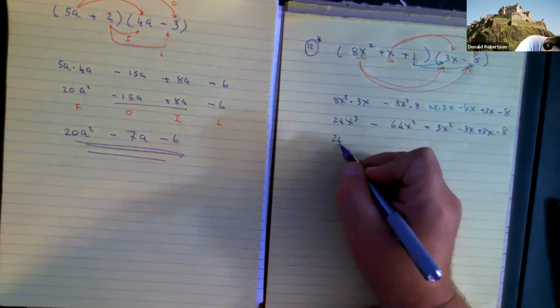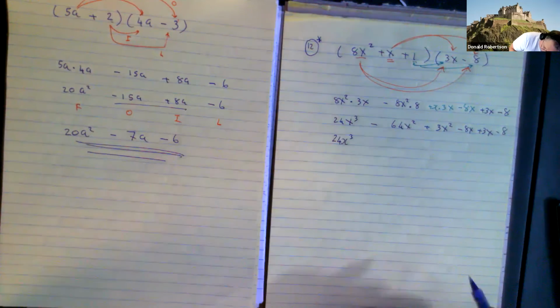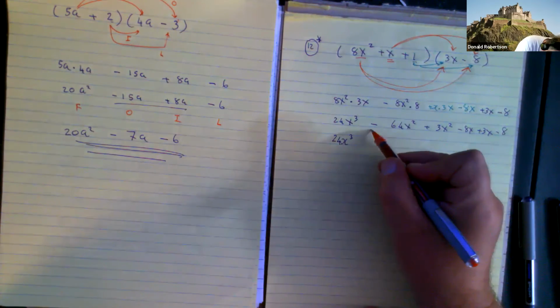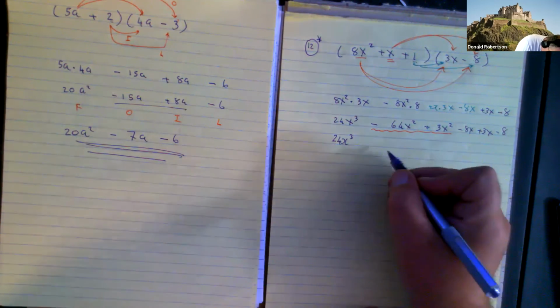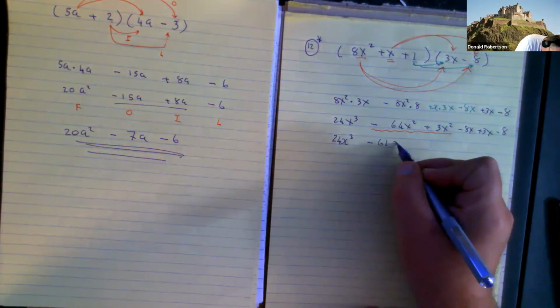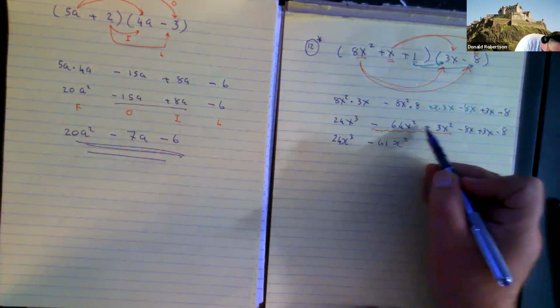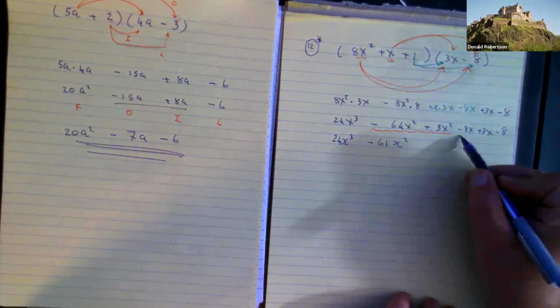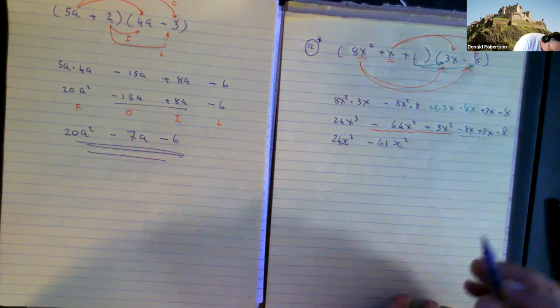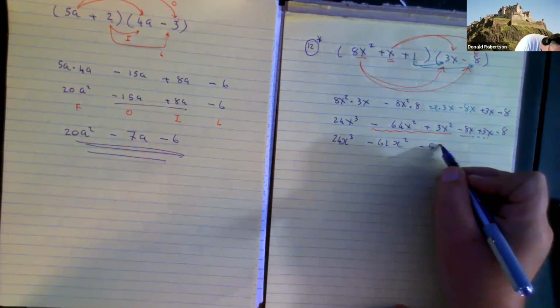Well, there's only one x cubed, so there's nothing I can do about that. But these two guys, they can be combined, and you end up with negative 61x squared, because negative 64 add 3 gives you negative 61. Then you have these two guys, and that gets you negative 5x.